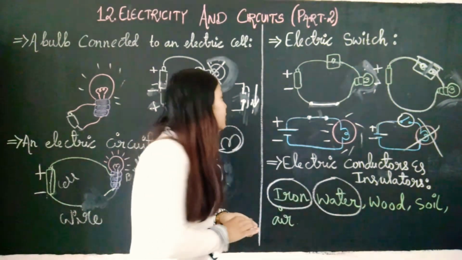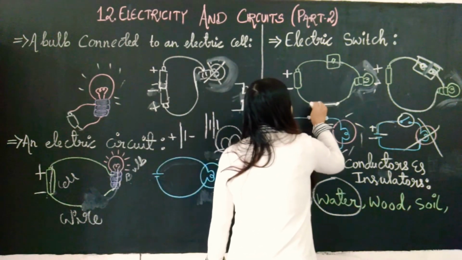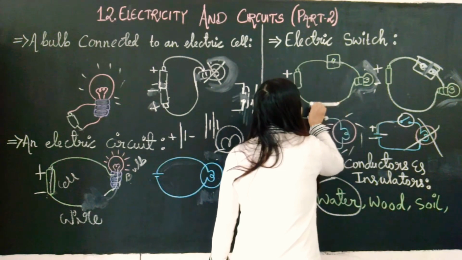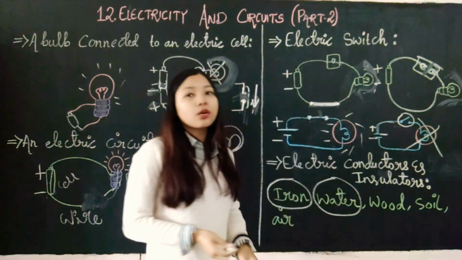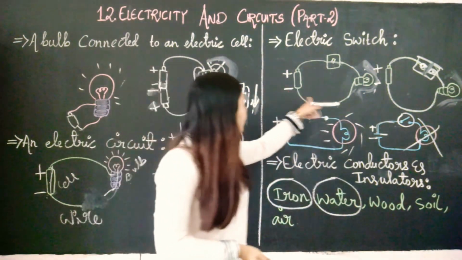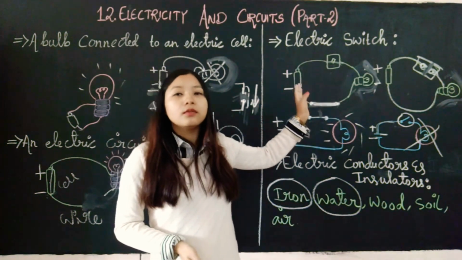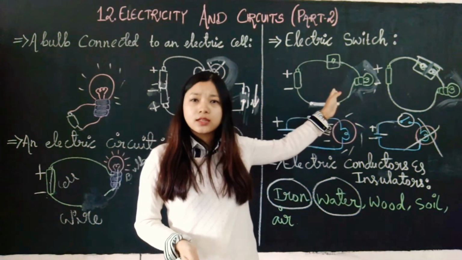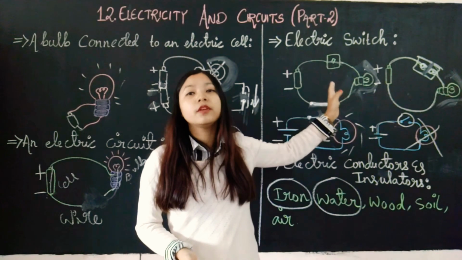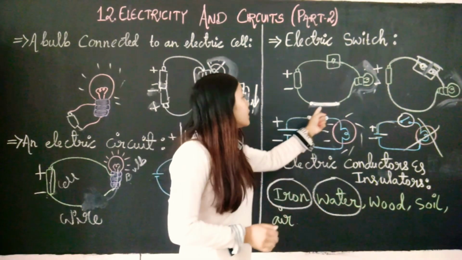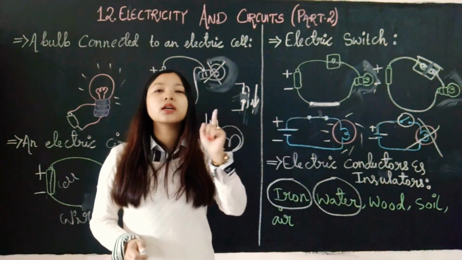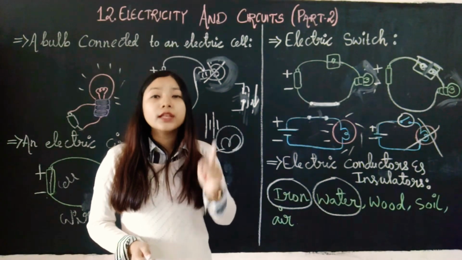For example, instead of the iron rod, if I put a piece of wood here in between our circuit, will our bulb glow in such a case? No, our bulb will not glow because this wood is not a good conductor of electricity.